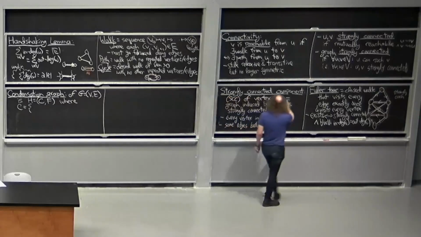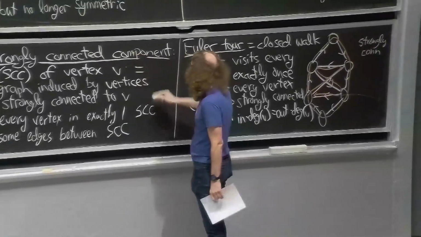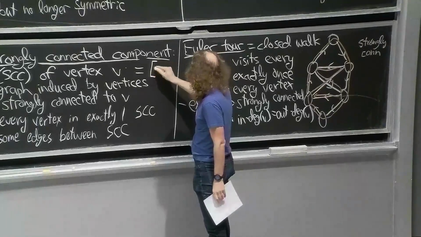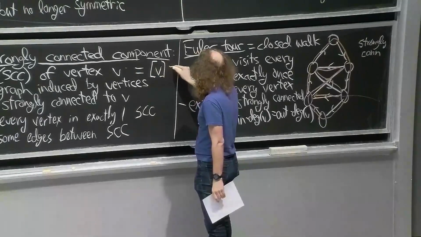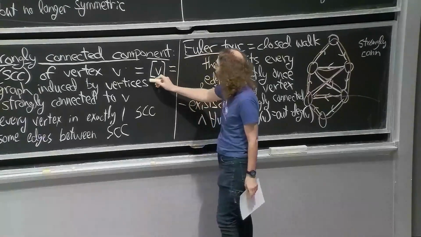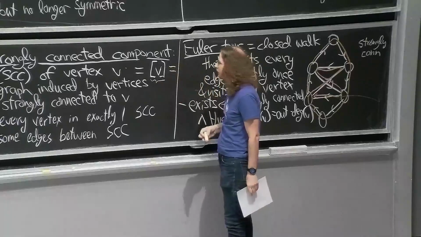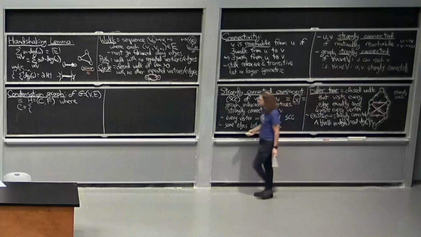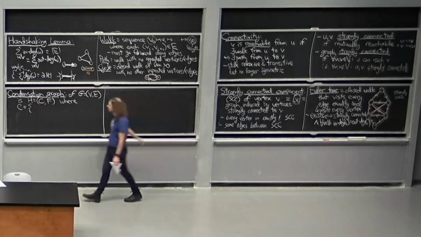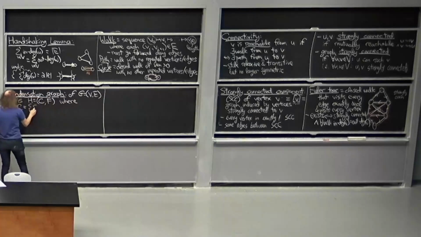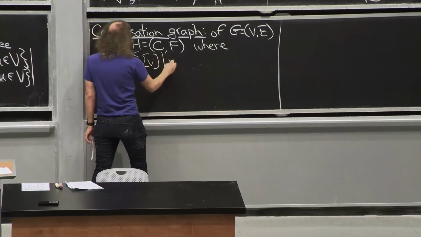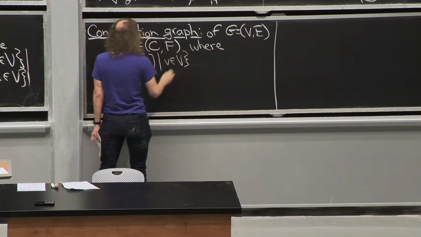The strongly connected component of vertex V, I'm going to call [V], probably just for this lecture, but it's convenient to have some name for the strongly connected component that contains V. And C is going to be the set of all strongly connected components. So now I can write it as [V] for all vertices V in V.